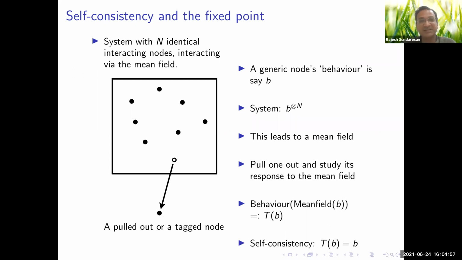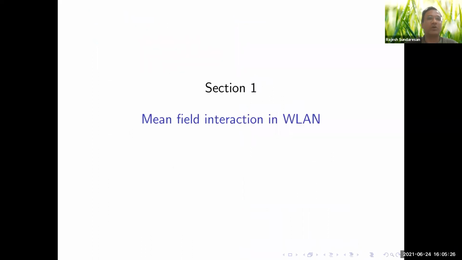Self-consistency demands that this response behavior T of B to the initial B must be B itself, because B itself was one of the particles that comprised the system. This is the idea of self-consistency, and you get a fixed point T of B equals B. So it's a fixed point for the map, which is the response map T. We will see this at 4 different levels as we proceed in this talk.